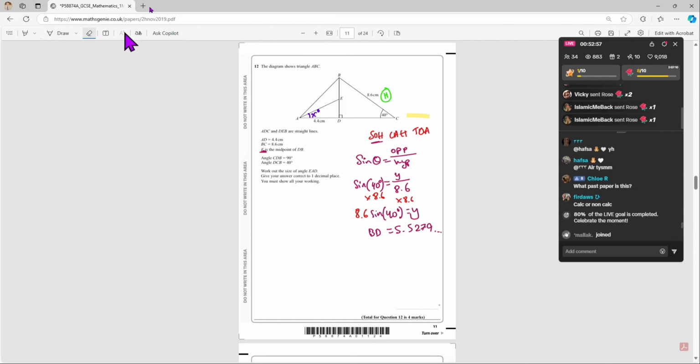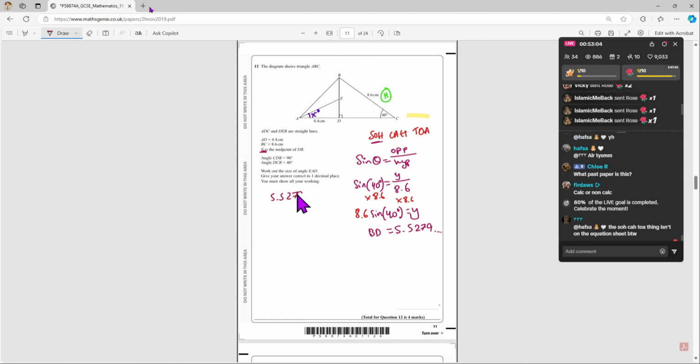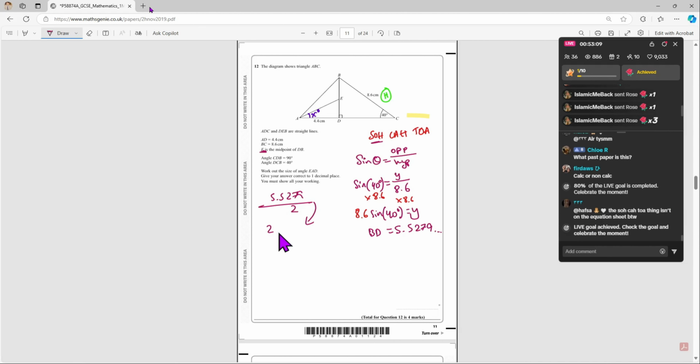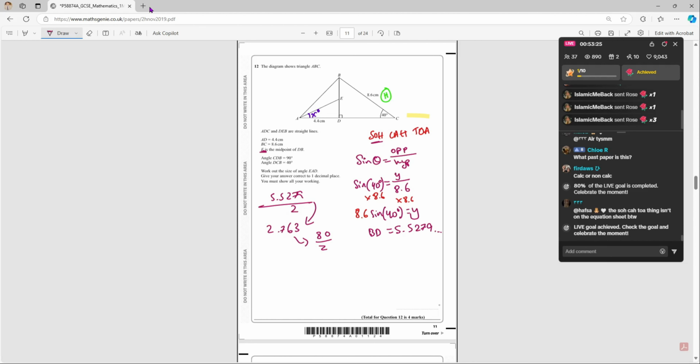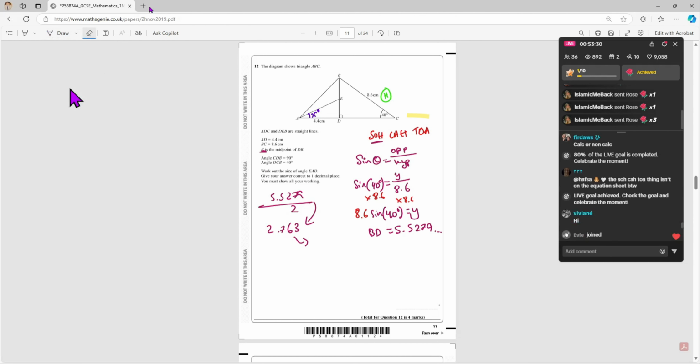To work out what these two are, we have to divide the length of BD, 5.5279, by 2 to get something like 2.763. Remember, we can put this into a fraction. Or it says one decimal place, so I'm going to quickly round it to 2.8, okay?